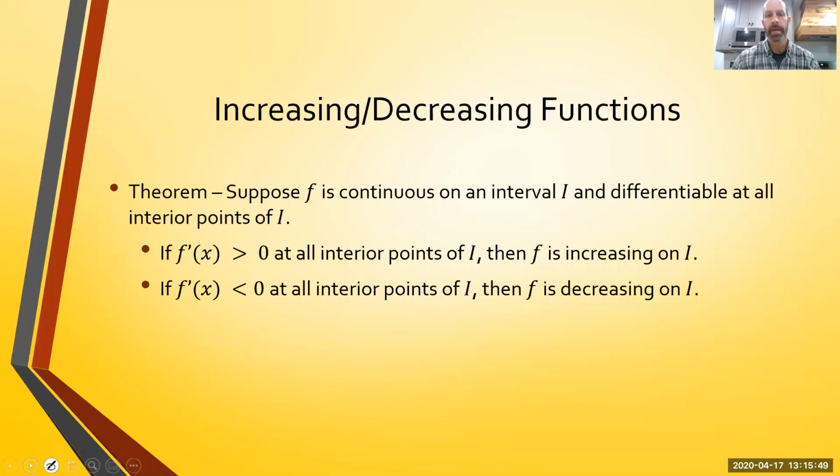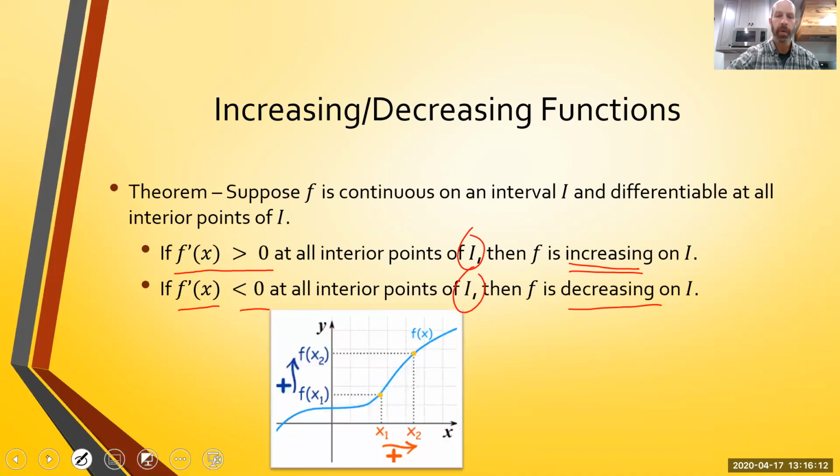Okay, the next concept is increasing and decreasing functions. By definition, if f prime of x is greater than 0 on an interval, then we call it increasing. If f prime of x is less than 0 on some interval, then it is decreasing.